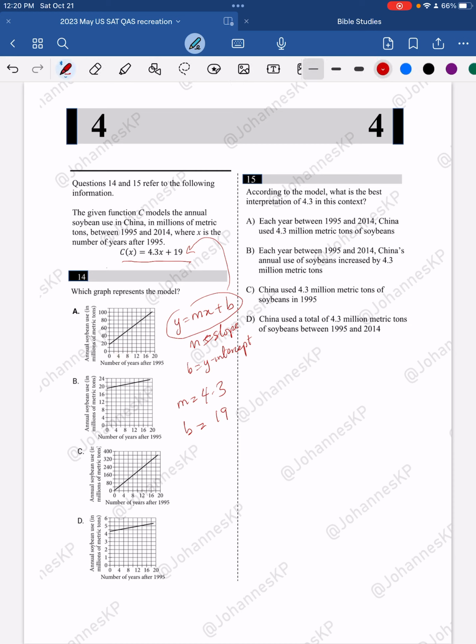Now we see here that we can pick two points on the graph.